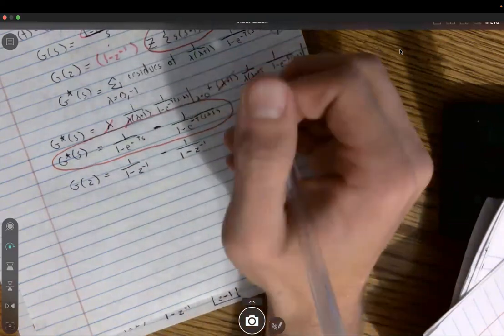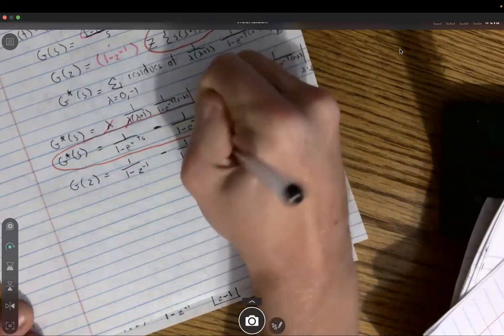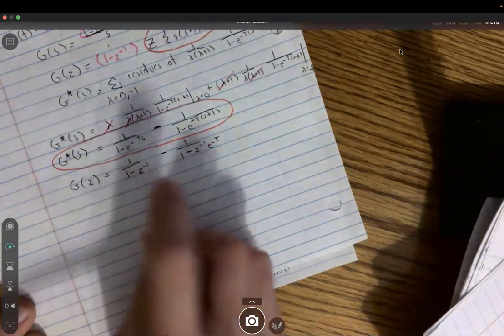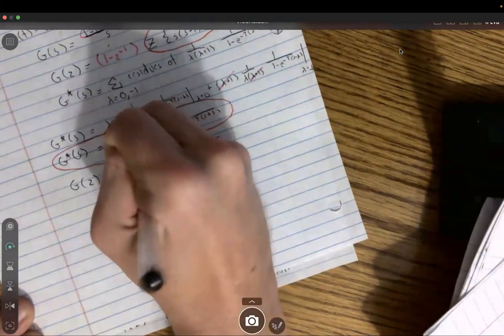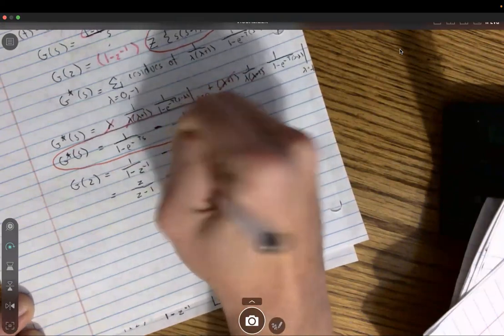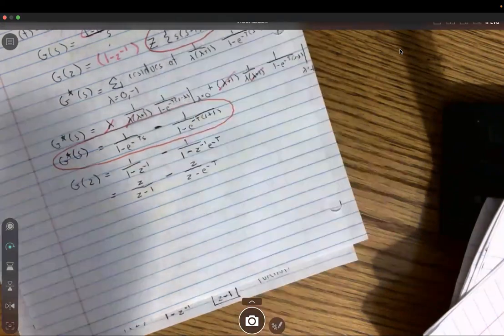Then if I multiply by z in the numerator and denominator, I'm going to get z over z minus 1 minus z over z minus e to the negative t.